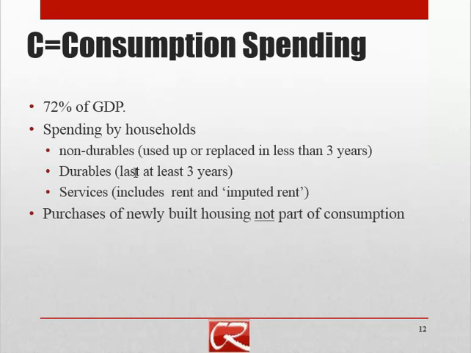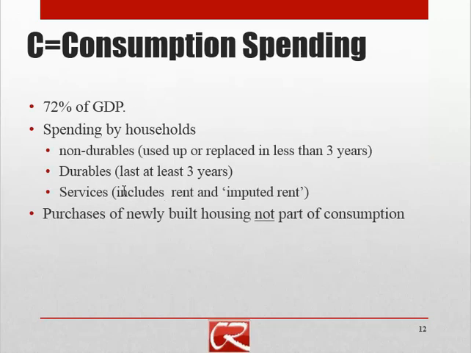Consumer durables are more expensive and more durable things like furniture or appliances or cars. And finally, services, which would include things like spending at restaurants, because mostly what you're paying for is the labor there rather than the food, or going to the movies, or you hired a lawyer or medical care. Those are all services.